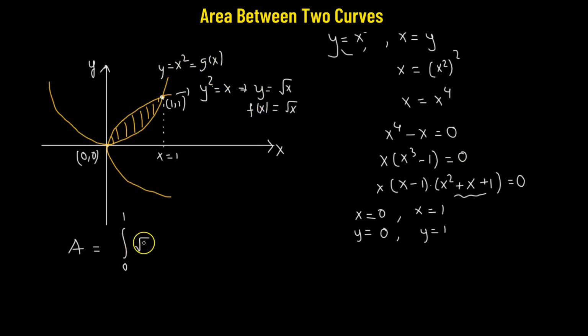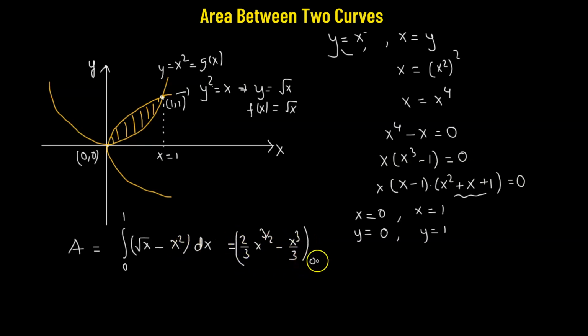So this will be square root of x minus x squared, and we are going to integrate with respect to dx. This equals the integration of square root of x, which is x raised to the power of half. This is going to give us 2/3 of x raised to the power of 3 over 2, minus the integration of x squared, which is x cubed over 3.